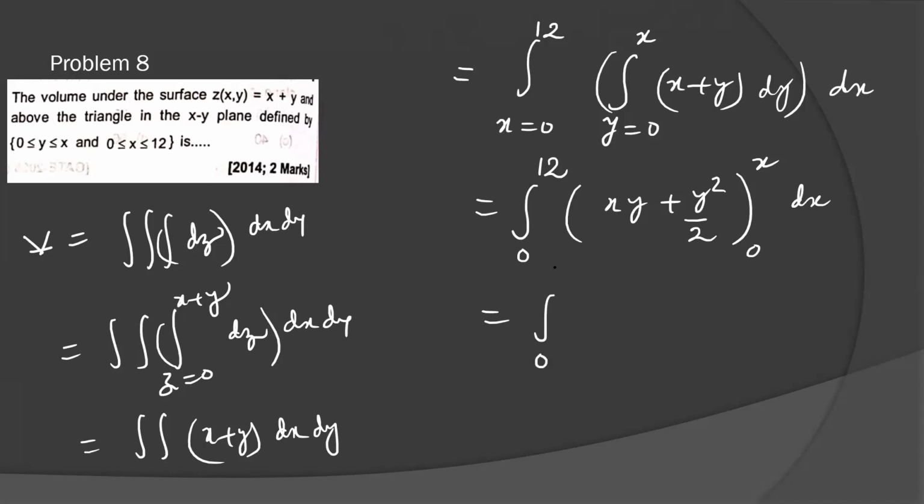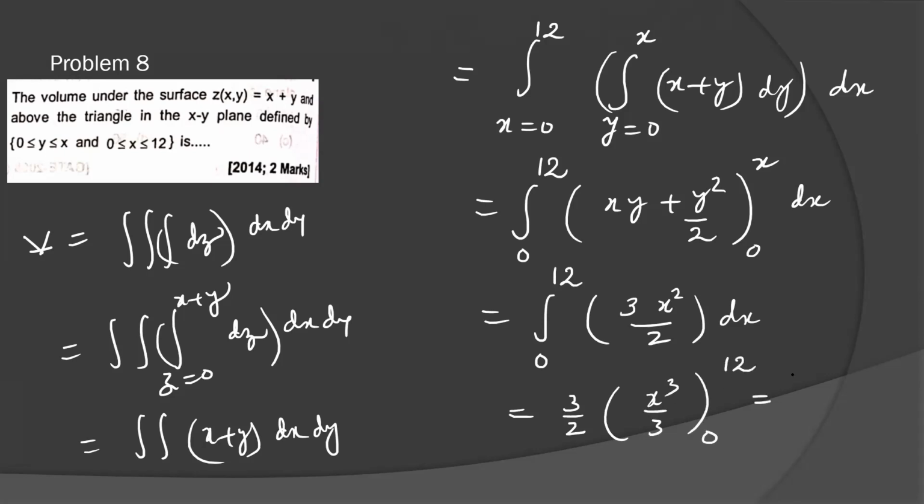So it will be 0 to 12 of x square plus x square by 2, which means 3x square by 2 dx. If you simplify it, it is 3 by 2 times x cube by 3, from 0 to 12. It is 1728 by 2, or 864 unit cube. This is the volume of the given region.